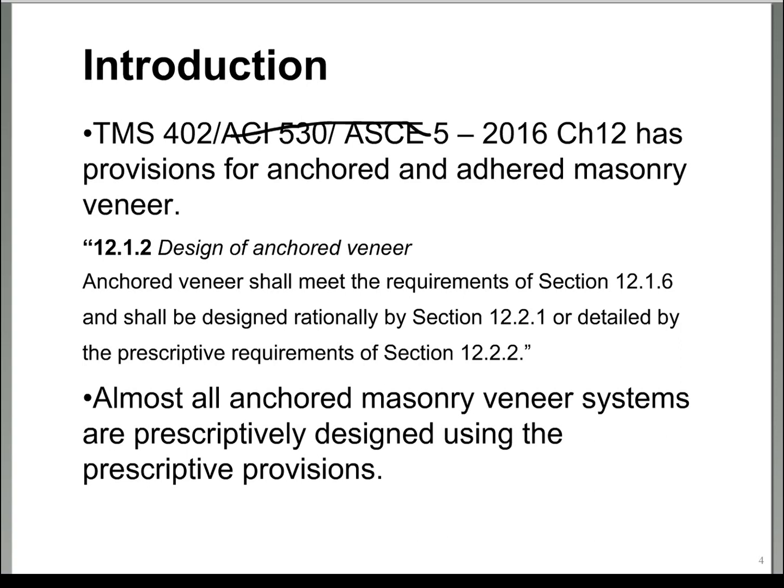The vast majority of all anchored veneer systems in the U.S. are designed prescriptively, and most of the rational designs have been done on very unique structures or in a retrofit application, trying to fix veneer systems that are not performing adequately or were badly constructed.